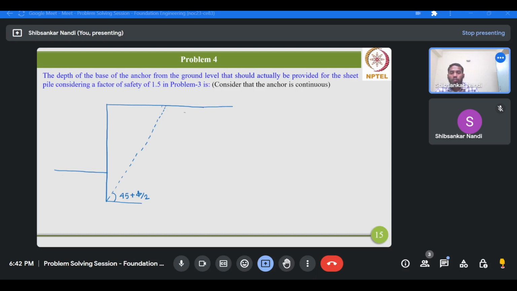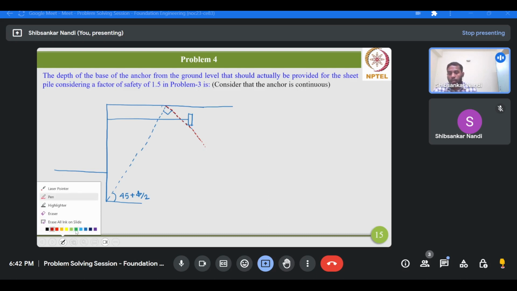Now we have to draw a perpendicular from this point where the rupture surface intersects the ground level. So this angle will be 90 degree. Now we have to provide the anchor above this line, the line dotted in red color. So this is the horizontal location.